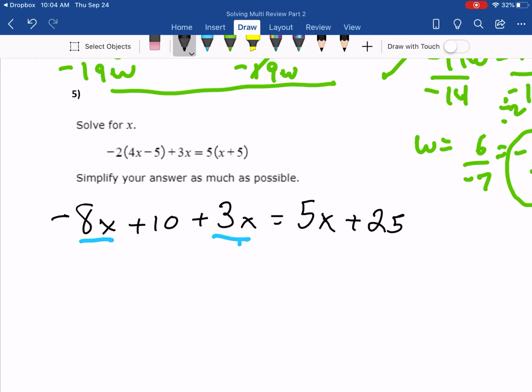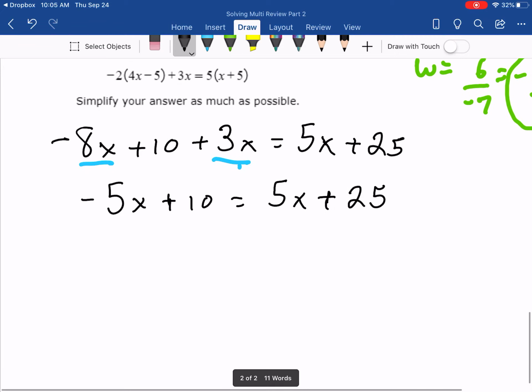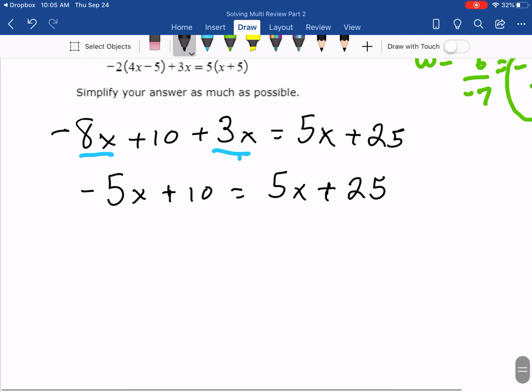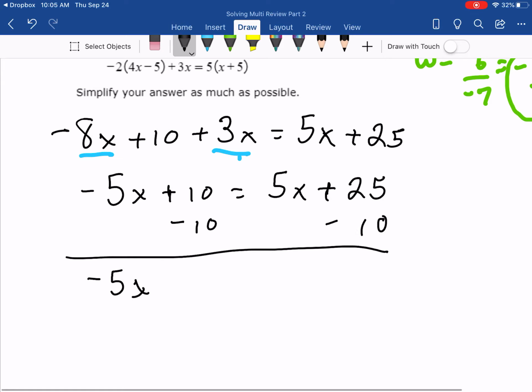Okay, negative 8x plus 3x, negative 5x plus 10 equals 5x plus 25. So I could either subtract the 10 or 25. I'm going to subtract 10. Negative 5x equals positive 5x plus 15.